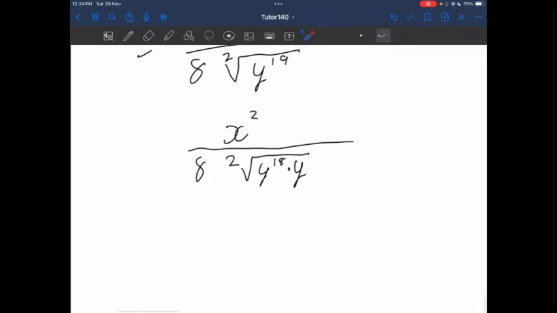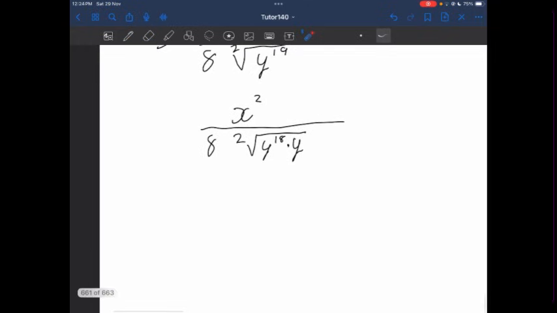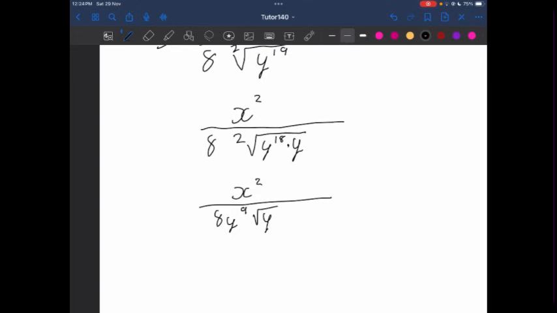It's the same thing. Y to the power 18 times y is still y to the power 19. Now I'm going to just divide the 18 by the 2. When I divide 18 by 2, I'm left with 9. So what I'm going to put on the outside is x squared over 8 y to the power 9, and I'm going to leave the y inside the square root.